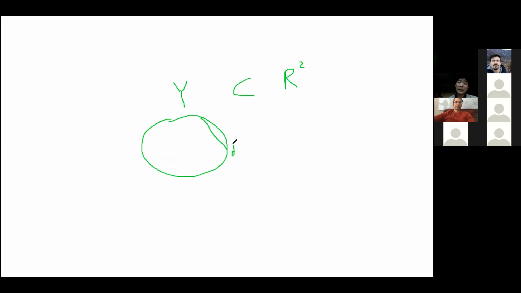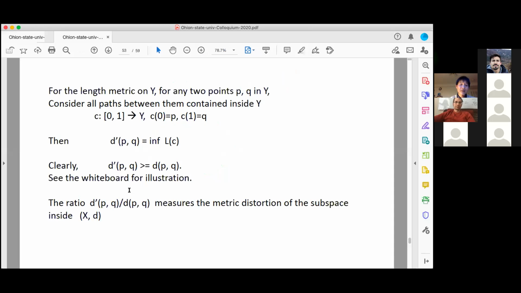So this is the d here. But if I compute the length along the circle, this will be longer, right? So that's why the induced length is bigger or equal than the restriction. So the ratio with the induced length measures the metric distortion of the subspace inside.